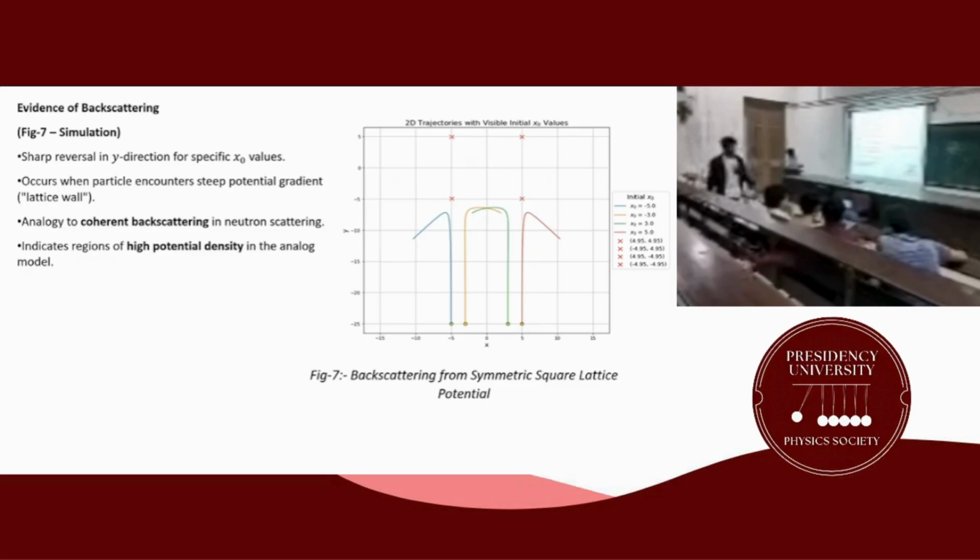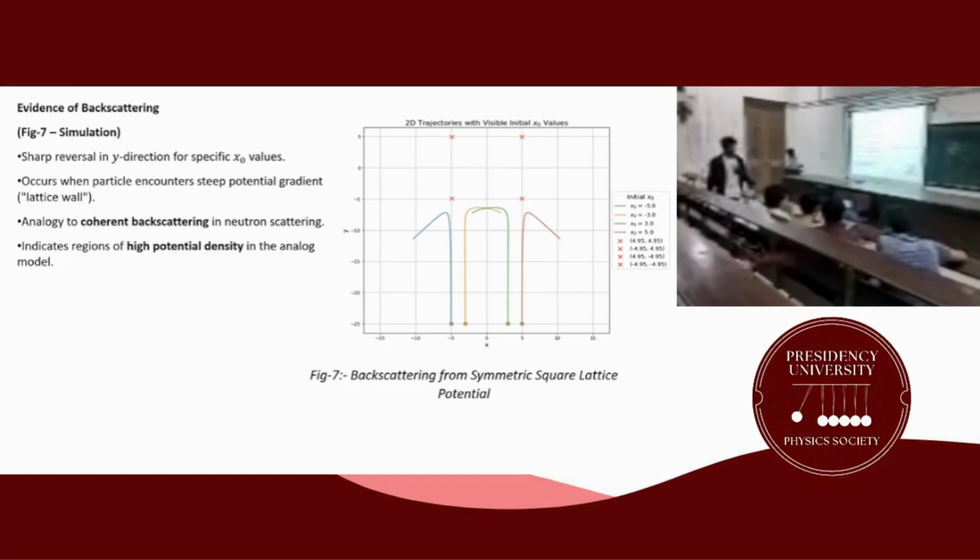If the velocity is not too high, or lesser than some velocity, we get these types of graphs. Actually it behaves like coherent backscattering due to low velocity and high potential.